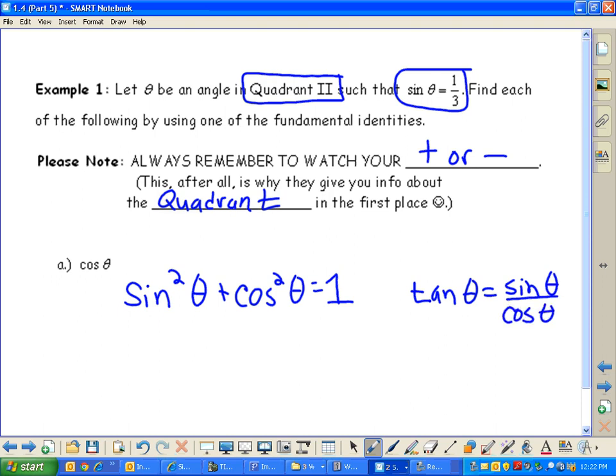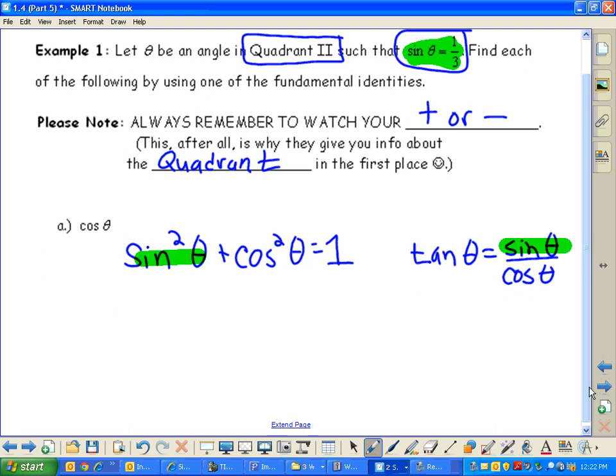So what I'm going to go ahead and do right now is take what I'm given about the problem, in other words, that the sine is 1/3, and fill that into both of these things where I see sine. So I'm going to substitute the value of 1/3 in for sine because I'm given that information. Now here I have sine squared theta plus cosine squared theta equals 1.